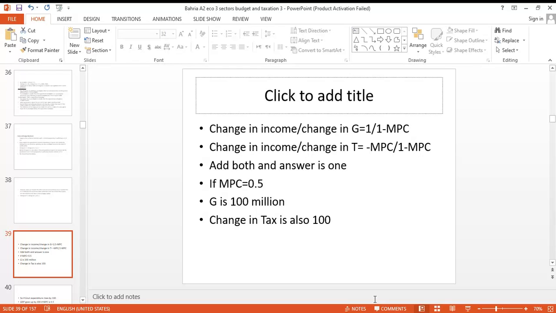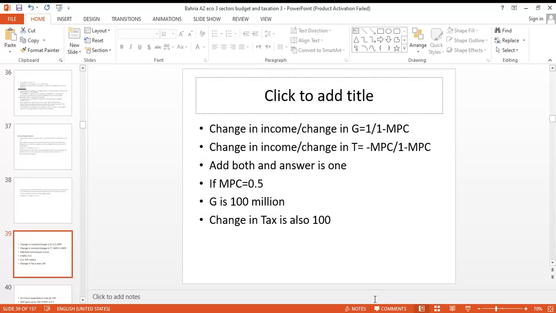The formula is going to be change in national income divided by change in government expenditure is equal to 1 upon 1 minus MPC, because the multiplier is always determined by the MPC. So this is the formula that you will keep in mind. Change in income, write the whole formula.